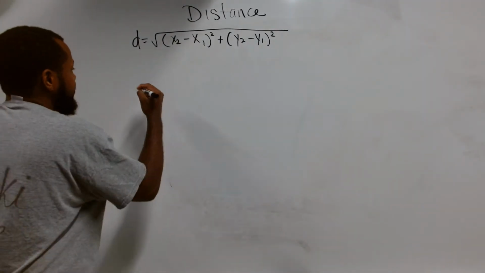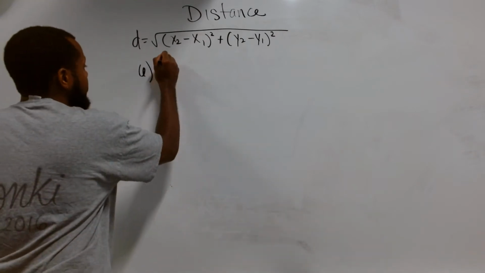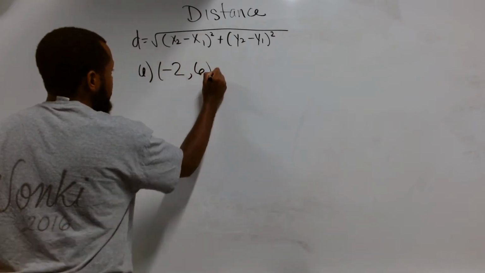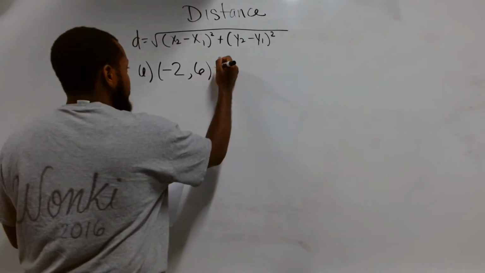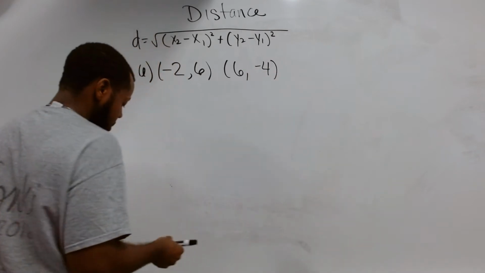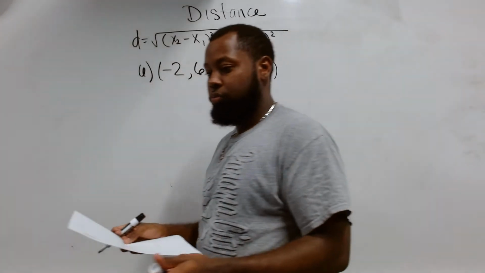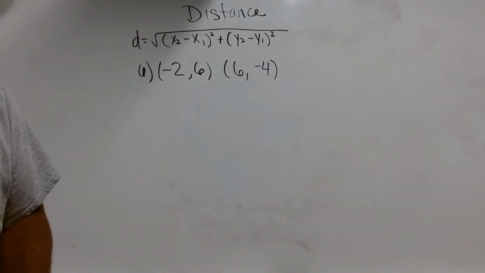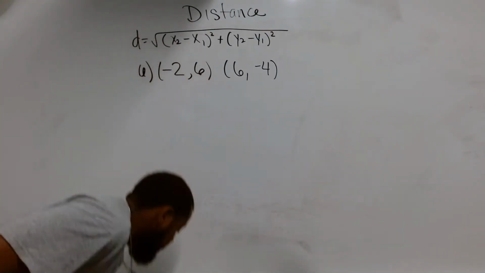We're going to start with question 6. We're going to have negative 2 comma 6, 6 comma negative 4. All right? Where my markers at? There you go. Okay, let me get my multicolors out.